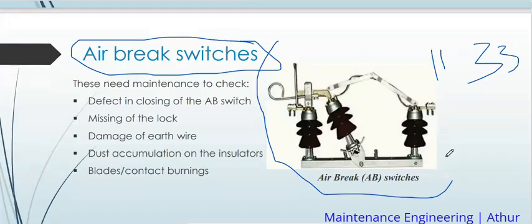There is no other way you can isolate 11 kV or 33 kV such that other people remain with power while you work. So these air brake switches are put in specific places for that purpose.